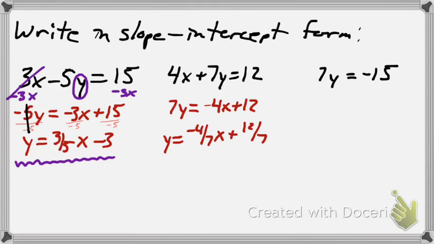For the third one, same idea. The only problem here is you're missing an x, which really isn't a problem. So we're going to divide by 7, and we get y equals 15/7, which is in slope-intercept form if you fill in a ghost term for the x. And so you get y equals 0x minus 15/7.